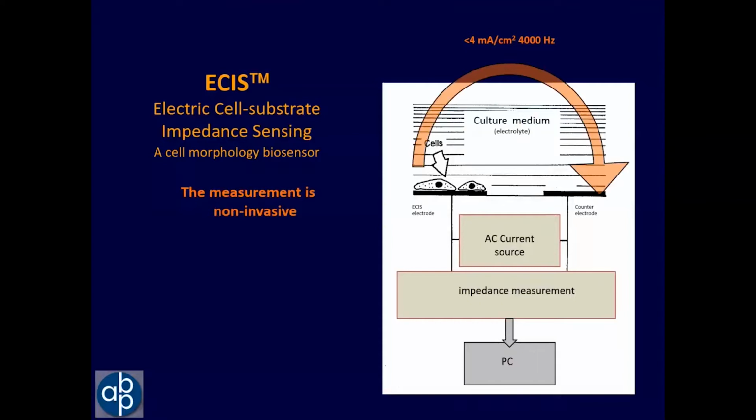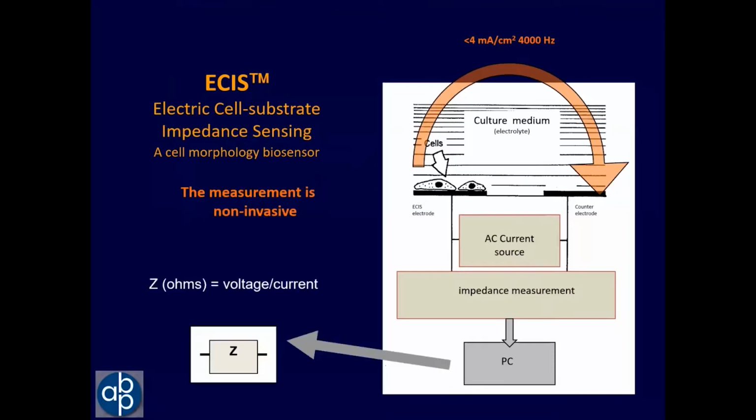The other thing to always keep in mind when you make an impedance measurement of cells is that there is a parameter which would be the frequency of the AC signal, which always has to be specified. In a lot of our early work, this was at 4,000 hertz, as is suggested at the top of this slide. We're going to apply a constant current. This is dictated by the electronics, and we'll monitor the voltage across the electrodes.